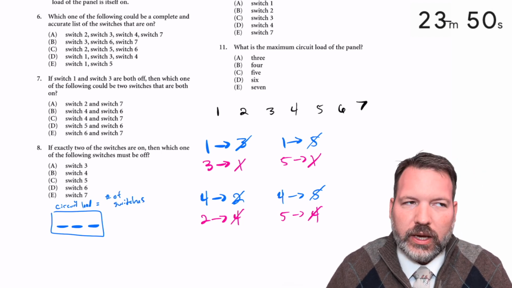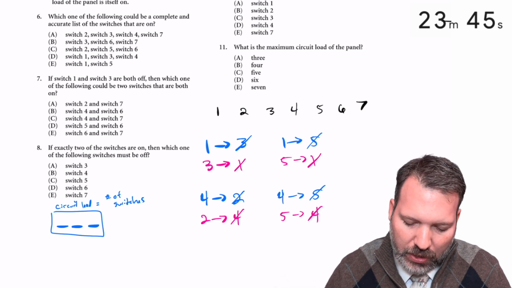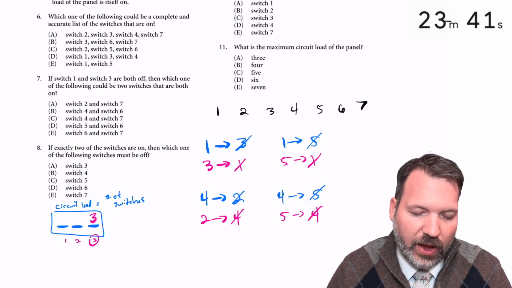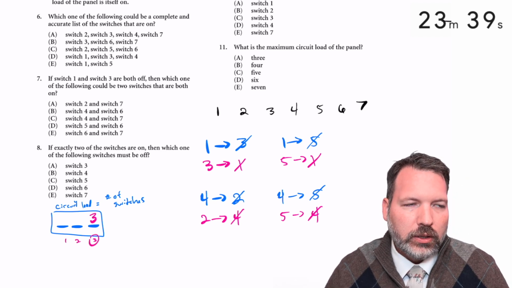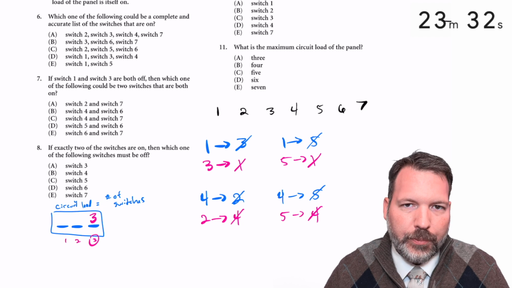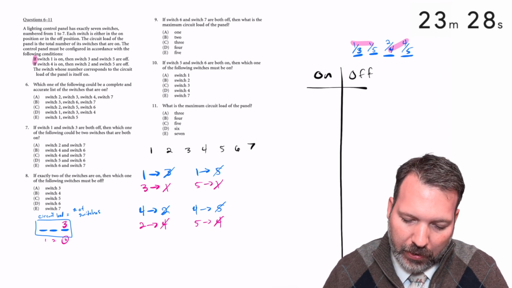And what this clue is saying is that if the circuit load of the panel is 3, then 1, 2, 3, 3 would have to be one of the switches that are on. So it's not that any switch that's on corresponds to the circuit load, but if the circuit load is a certain number, that numbered switch is on. So that's kind of a weird clue, but okay.